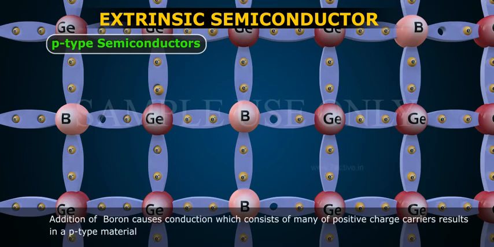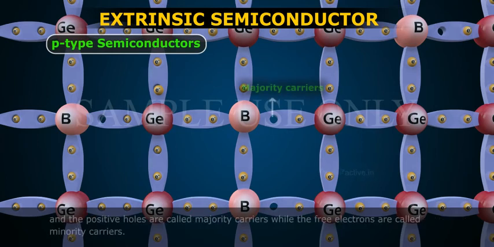Addition of boron causes conduction which consists of many positive charge carriers, resulting in a P-type material, and the positive holes are called majority carriers, while the free electrons are called minority carriers.